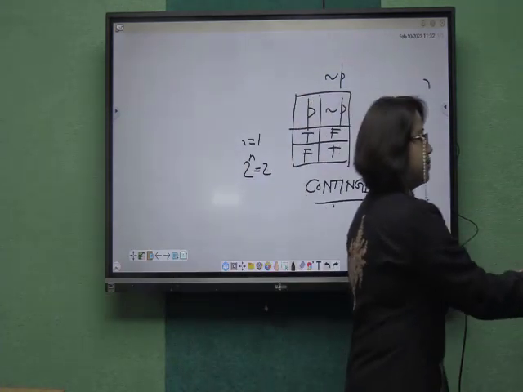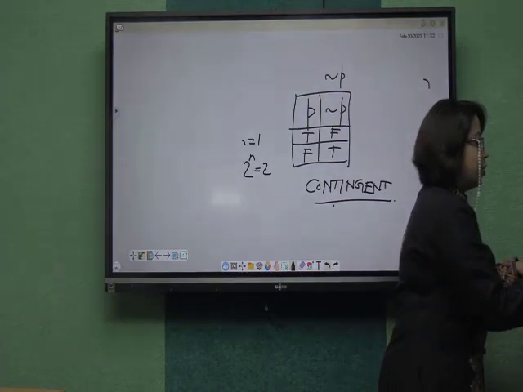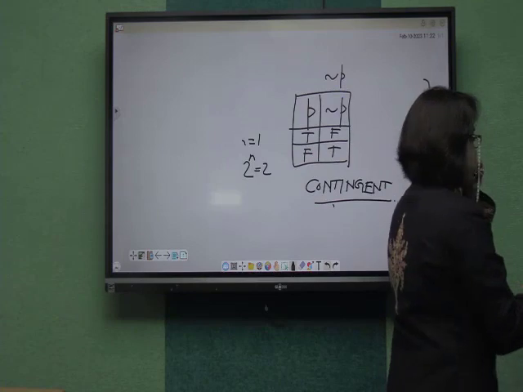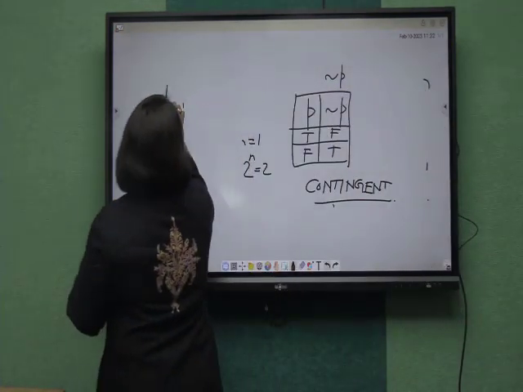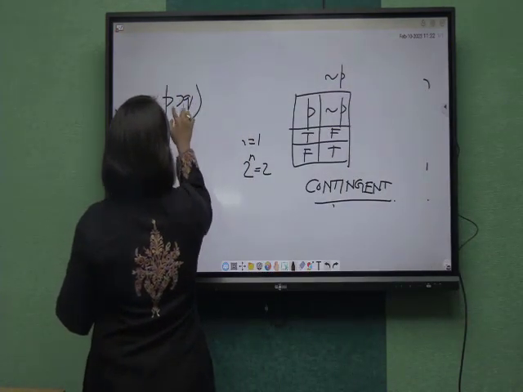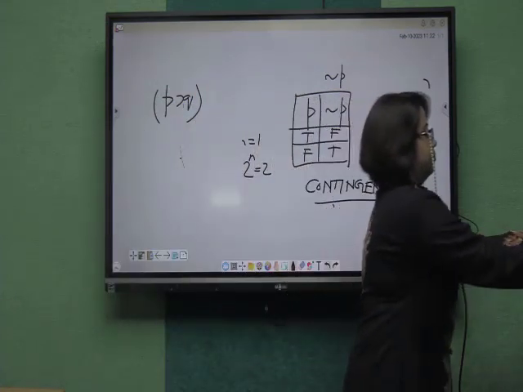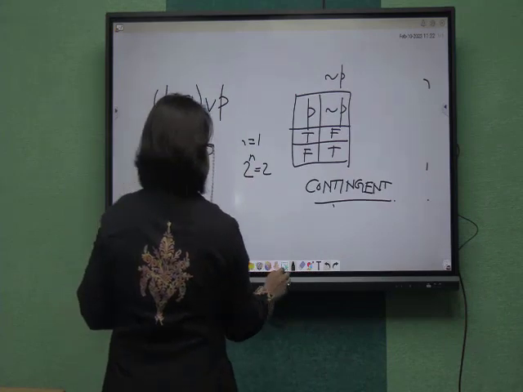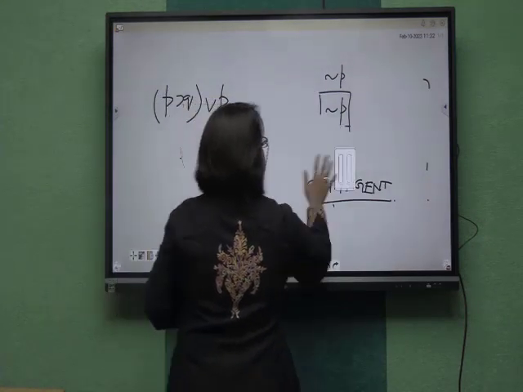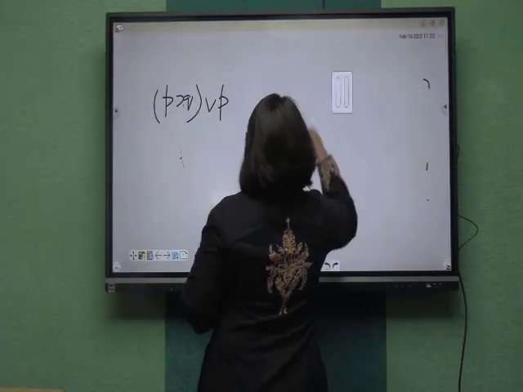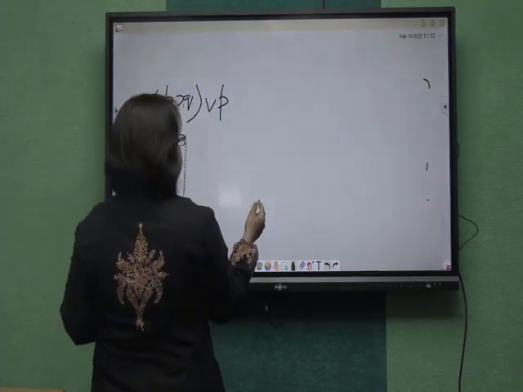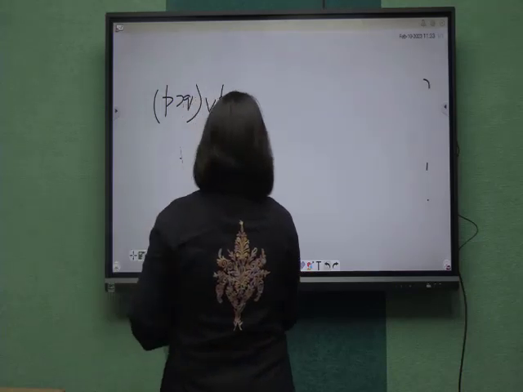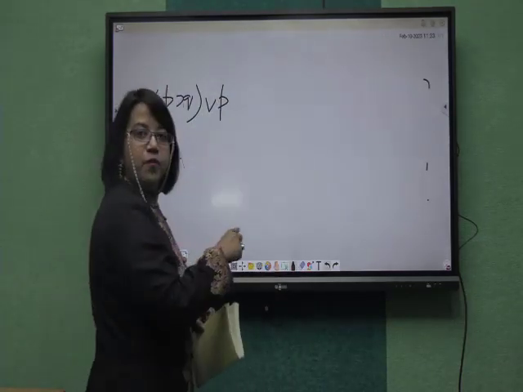Now, let's try something else. Let's try another one which is of a different kind. Let's try P implies Q, wedge P. Okay, again the question is, we begin from the same point: how many variables do we have in order to find out the nature?